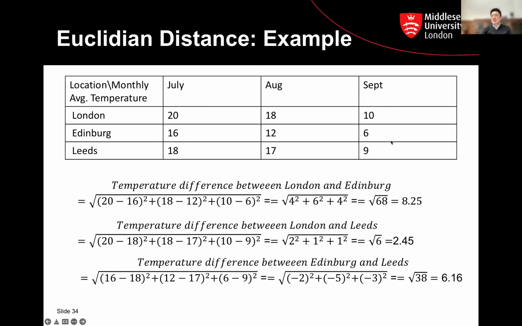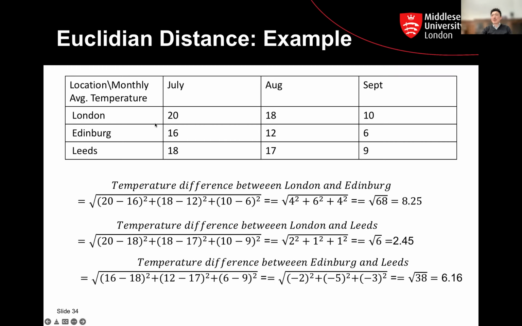okay, so this is your data, and if you want to calculate the temperature distance between 2 cities, usually what would you do? Will you use Euclidean distance or use some other way to calculate the difference? Anyone?